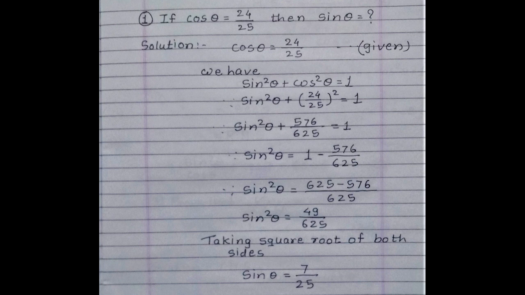Now, interchanging, sin square theta is equal to 1 minus 576 upon 625. Now, make the common denominator: 625 into 1 is 625, minus 576 upon 625. So 625 minus 576 is 49 upon 625. Now this is the value of sine square theta. So taking square root of both sides, we get sine theta is equal to 7 upon 25.